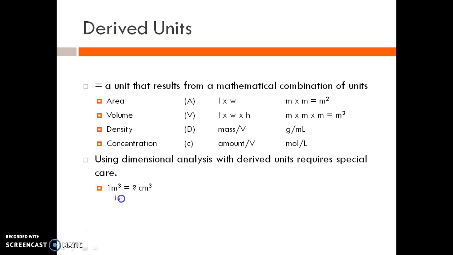When we have 1 meter cubed over 1 and we do our dimensional analysis, we know that there's 100 centimeters in every 1 meter. But this meter here is to the first, and so that only cancels out one of these 3 meters. And so we would have to do this 3 times in order to get rid of the cubic meters.